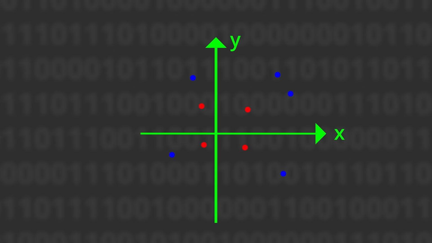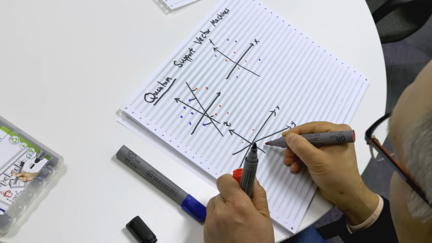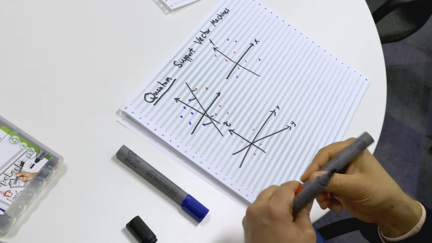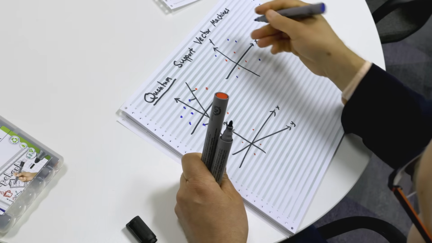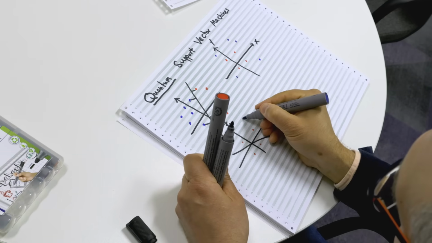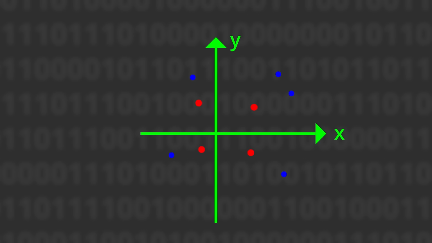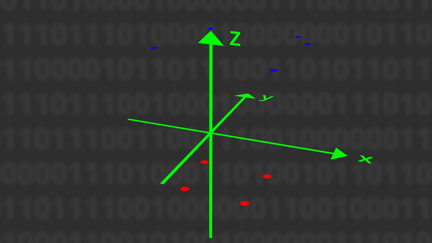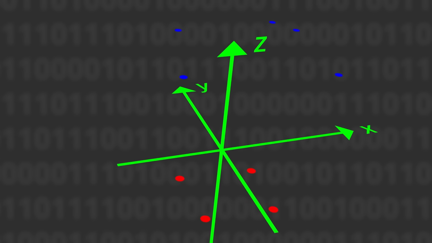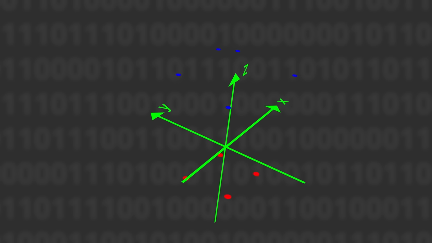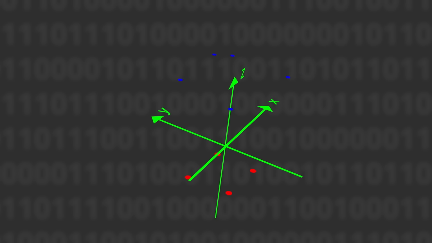That will give me, for example, something like this for my red dots, and somewhat higher values for the blue dots in a three-dimensional space. Sorry, I'm not very good at drawing in 3 dimensions, but let's assume you can think of it as a higher dimensional space where the blue dots are a bit higher up than the red dots.